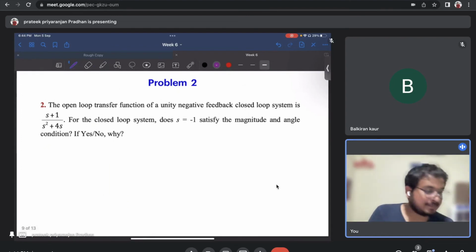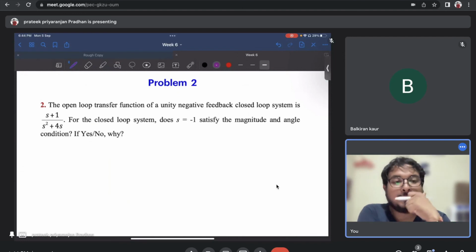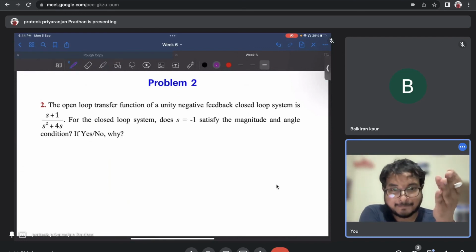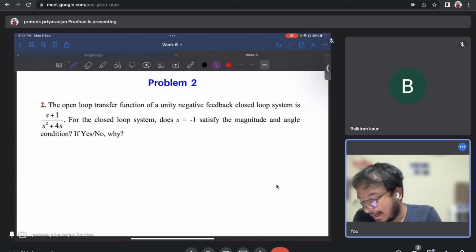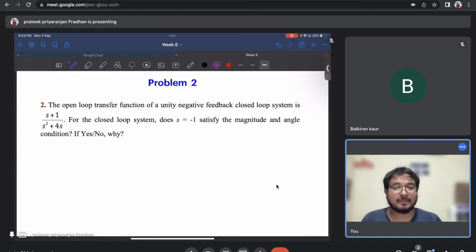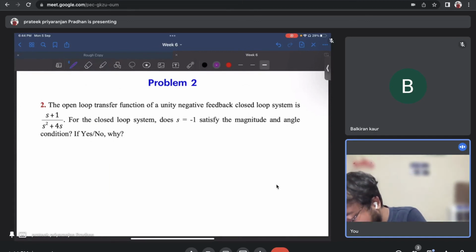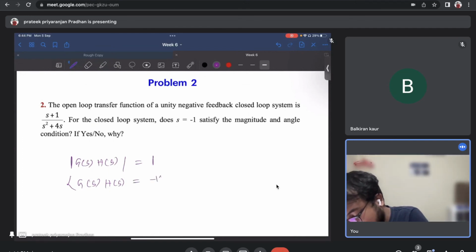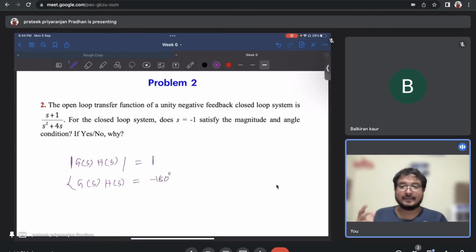Do you remember what magnitude and angle condition I just stated? Magnitude of G(s)H(s) should be 1, and the angle of G(s)H(s) should be -180.